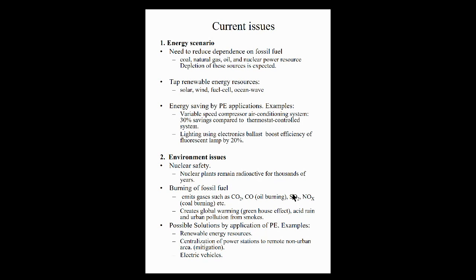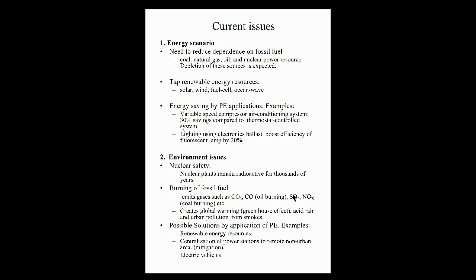There's the need to reduce dependence on fossil fuel, by which I mean natural gas, coal, and so on. We expect this to deplete at some point, so we have to start utilizing renewable energy sources like wind, solar, and so on. So you will find power electronics in these areas: solar, wind, fuel cell.